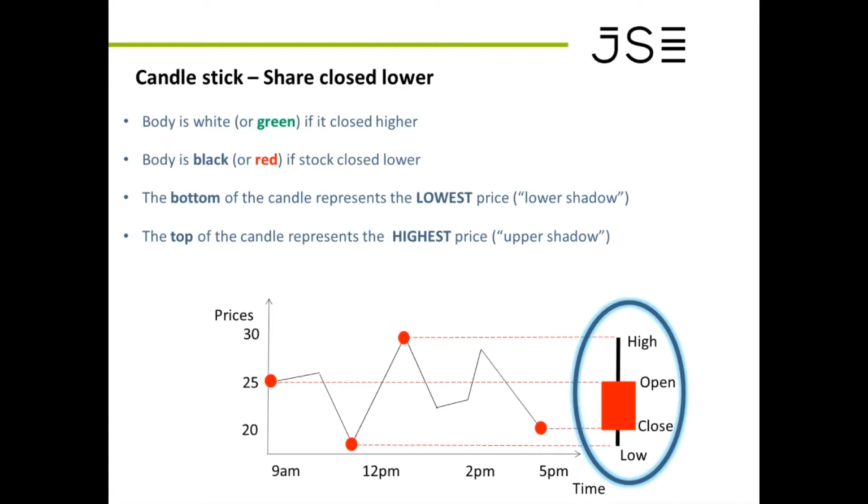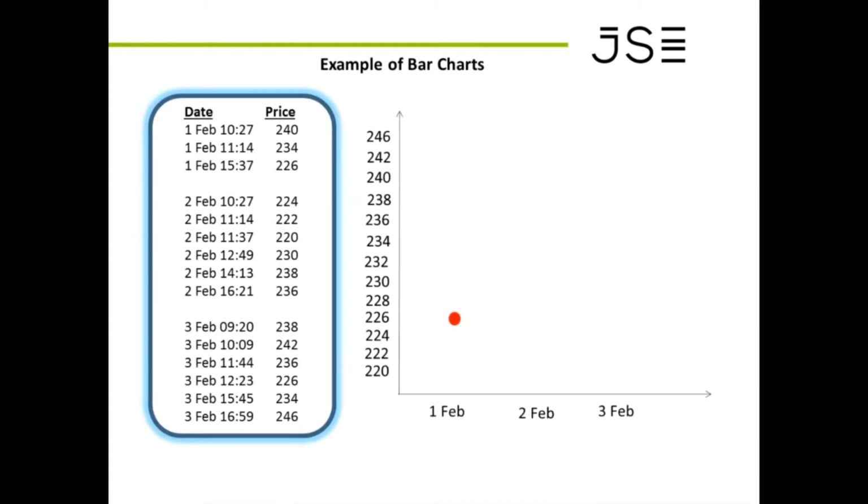So here's an example of a bar chart, and I've taken more information. I've said in February during the day when it opened and the closing price was 2 Rand 26 or 226 Rand, depending on whether we want to take this in cents or rands. And in this case, I'm going to say it's rands. 226 Rand. The next day, it closes at 236 Rand. And the last day, on the 3rd of February, closes 246 Rand. And you can see the upward trend.